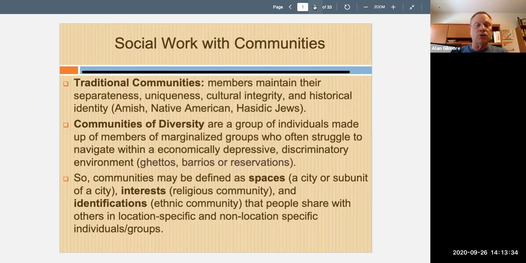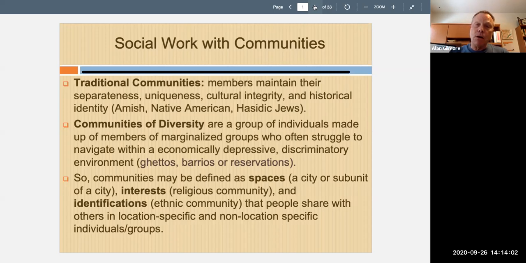It could be Hasidic Jews, a combination of both ethnicity and religion. So those are all traditional communities, and the rationale for why they identify themselves as a community is that they have a high investment in maintaining their cultural integrity and historical identity.